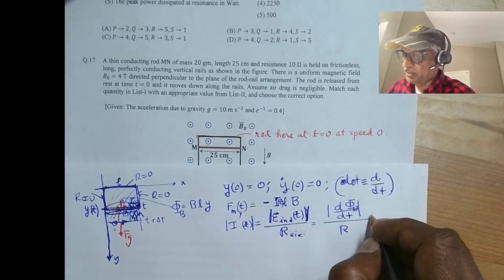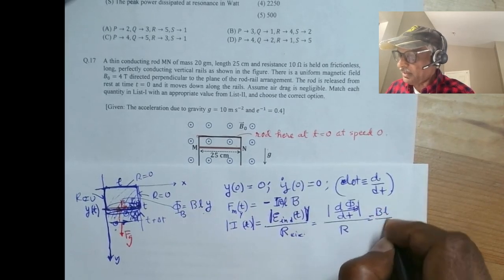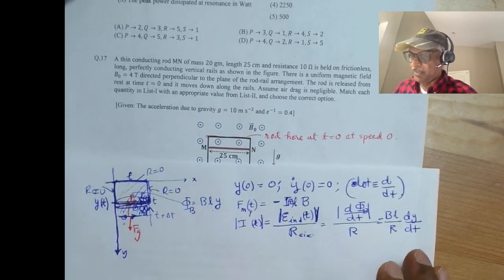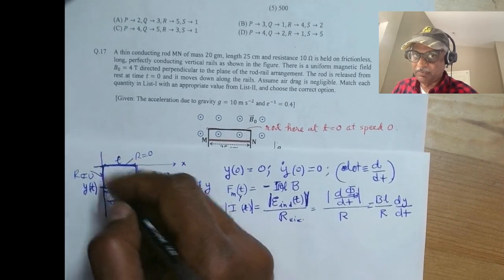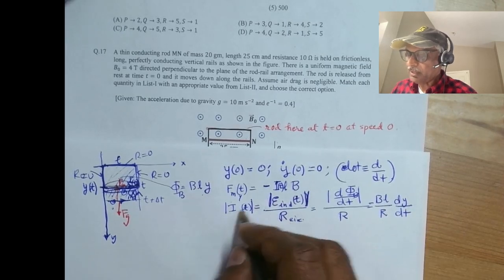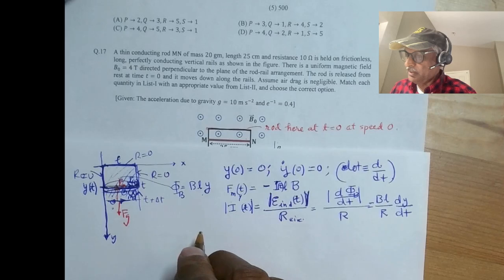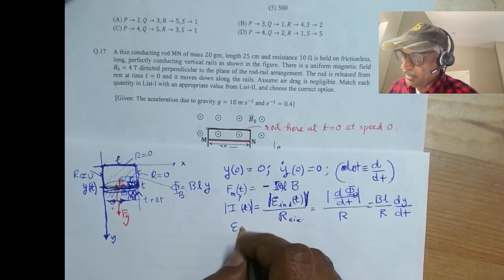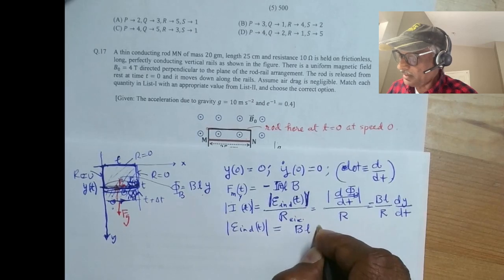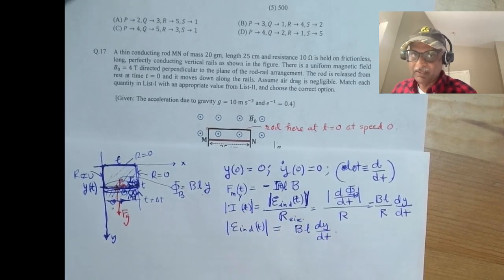Taking a time derivative gives me BL over R dy dt, and dy dt is positive, going this way, so that's why I don't have the absolute value here. So E induced equals just BL dy dt. These are the formulas we will need.